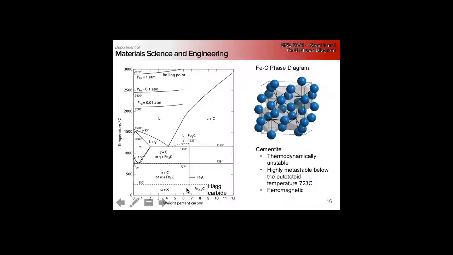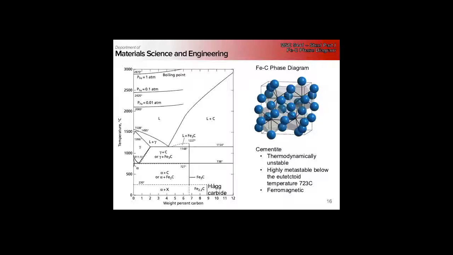When we talk about steel being a composite, most of the time we're talking about a composite of ferrite and cementite, right? A two-phase region.